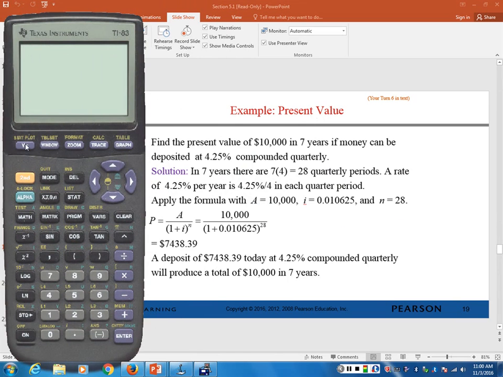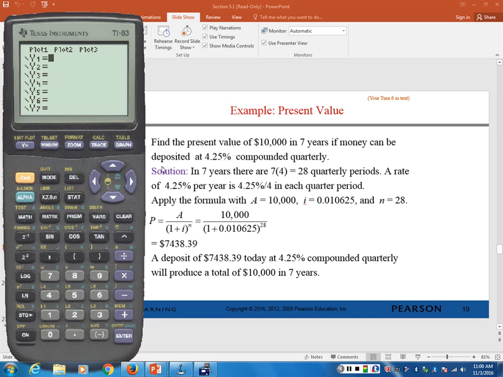So we're going to go to the y equals menu, and what we're going to enter into the y equals menu is going to be the formula with the variables plugged in, only we're going to leave out probably part of that.